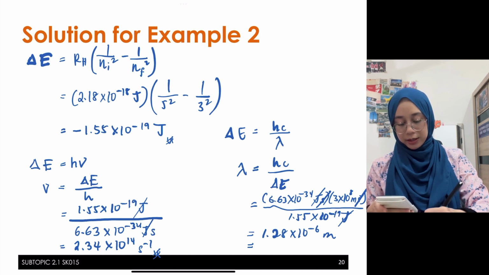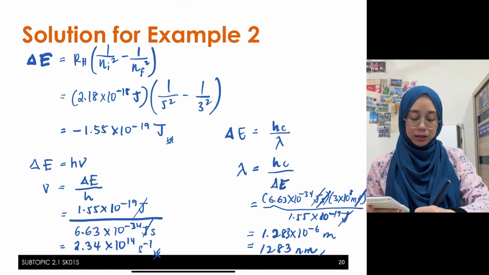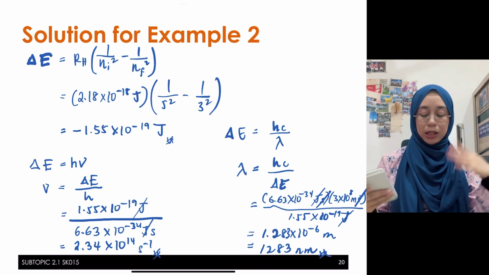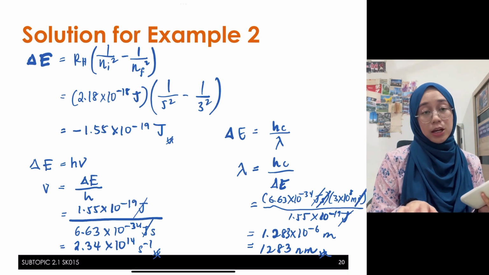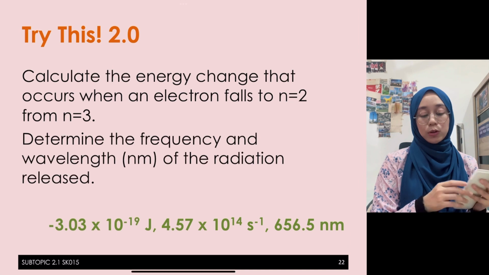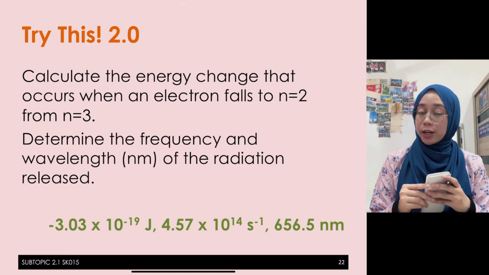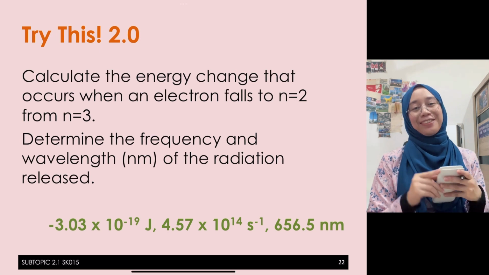So akan dapat 1283 nanometer. Okay, so convertkan yang meter tu tadi jadi nanometer. Alright, so that's all class. Okay, so nanti kamu try buat sendiri soalan try this 1.0 and also try this 2.0. Okay, so nanti don't forget to submit the question later. Okay, bye bye.